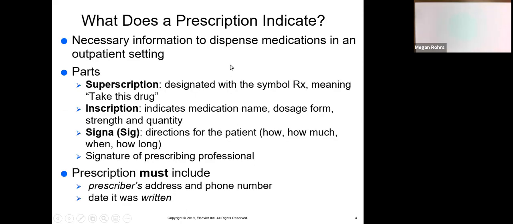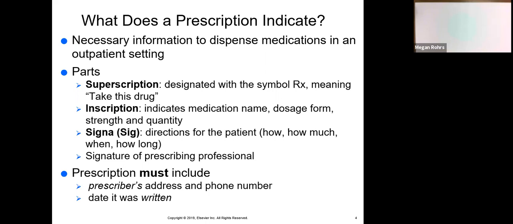So when we're looking at prescriptions, there are a few different parts of a prescription, and you do need to work on memorizing what these mean. The first one we have here is what we call the superscription, and that's just going to be the RX symbol that you'll see on every prescription.